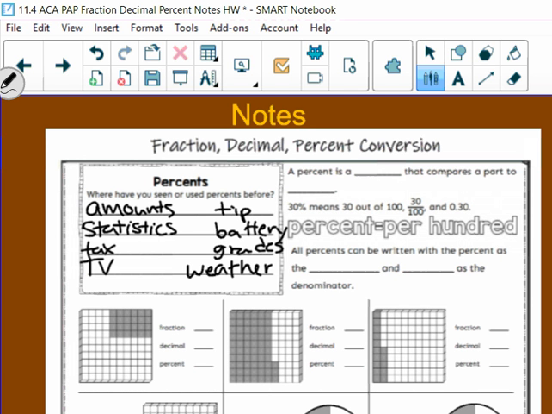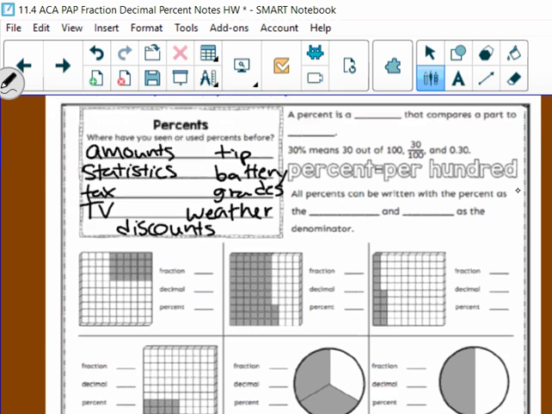Okay, statistics or probability. We could go on. Discounts. Okay, when something's on sale. Clearance. When the video game goes on sale. When the PS4000 goes on sale.